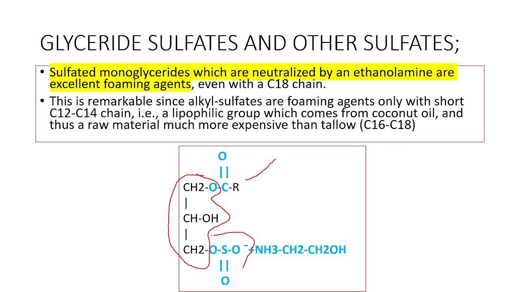If we have a substituted sulfate group, we call it glyceride sulfate. And that sulfate group contains oxygen, which carries a negative charge. If we add positively charged ethanolamine, why are we adding it? Because positively charged ethanolamine has less skin irritation property compared to sodium.